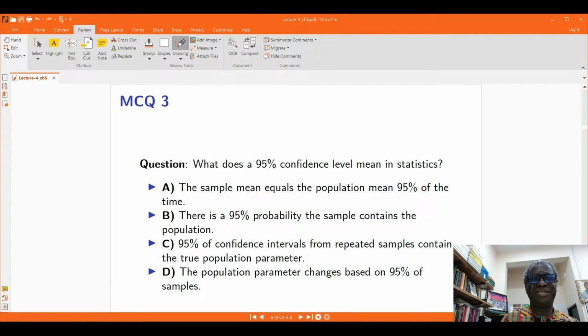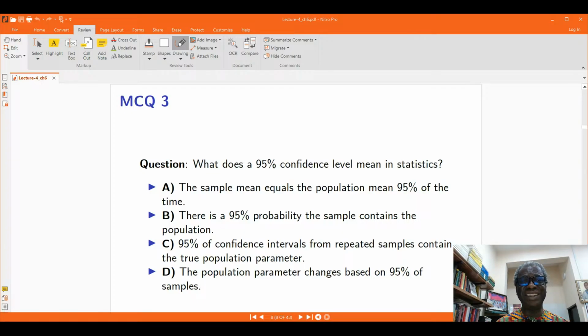Question 3. You must have heard or read somewhere that we talk about 90-something percent confidence level, and so on. So what does a 95% confidence level mean in statistics? A, the sample mean equals the population mean 95% of the time.